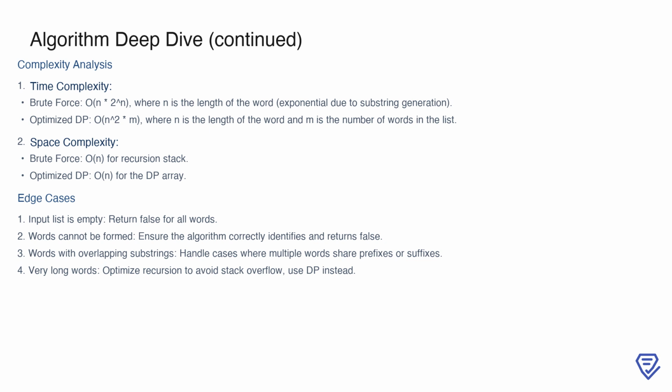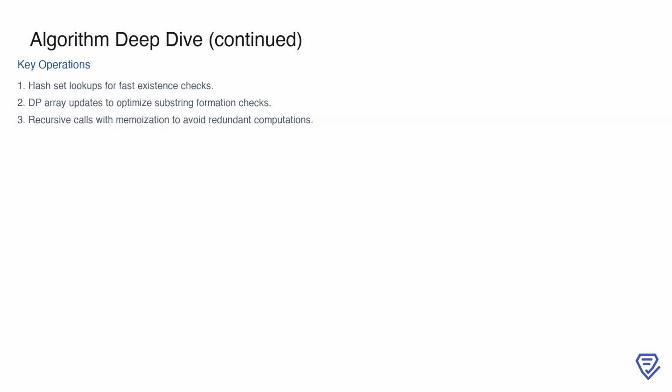When considering edge cases, we handle scenarios like an empty input list, words that cannot be formed, overlapping substrings, and very long words by leveraging the efficiency of dynamic programming and hash set lookups. The key operations in this algorithm include hash set lookups, dynamic programming updates, and recursive calls with memoization. Hash set lookups allow us to quickly check if a substring exists in constant time, which is critical for handling large numbers of words efficiently.